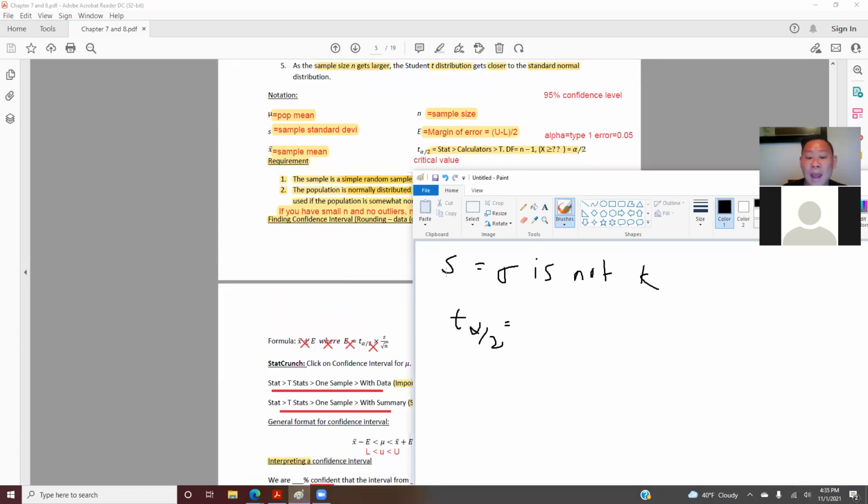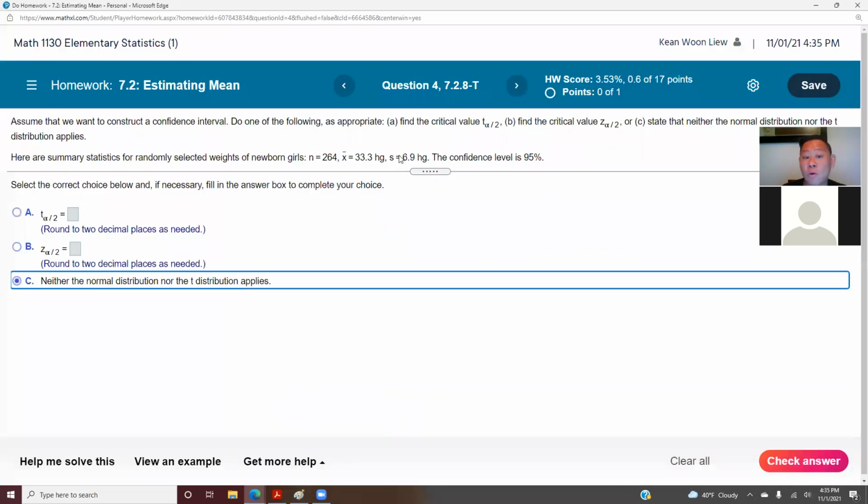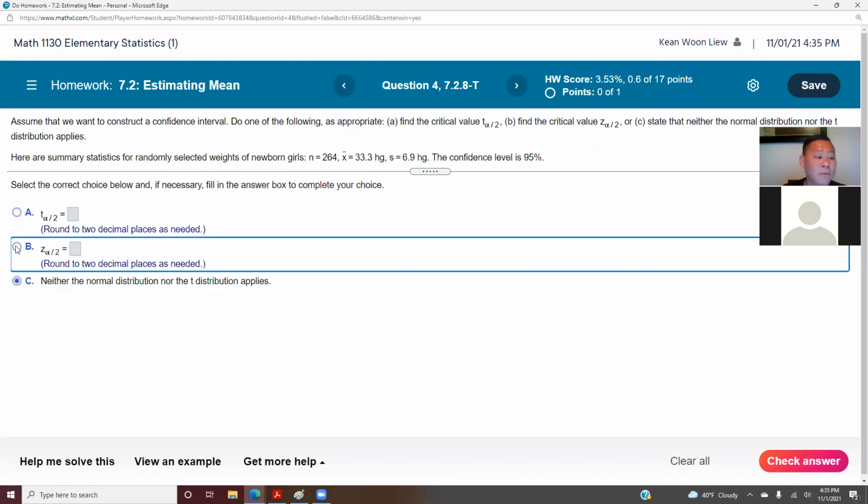We have two symbols, S and sigma. S is for sample standard deviation, and sigma is the population standard deviation. They are two different things. Since the question here only provides S, not sigma: if this is sigma, then we pick Z, and if they use S, we pick T.